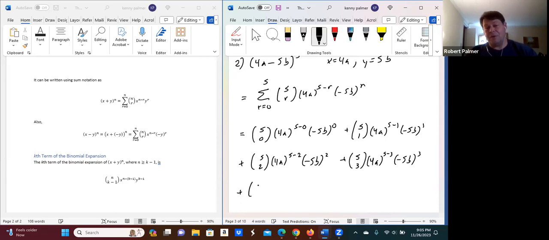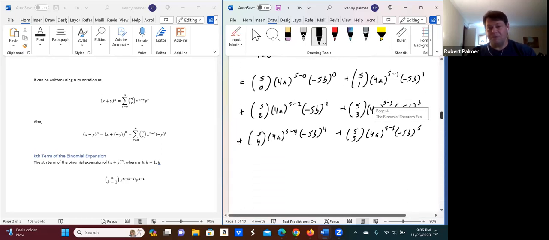And so we have 5 over 4 times 4a to the 5 minus 4 times negative 5b to the 4th. Okay, and then once again, r is 5. This is where we'll stop, our last one. And so we have 5 over 5 for our coefficient, then 4a to the 5 minus 5 times negative 5b to the 5th. Okay, so we have 6 terms.